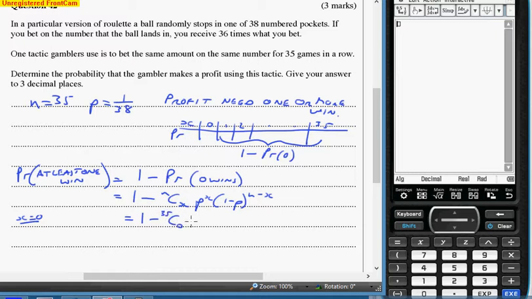P is 1 over 38, to the 0. And 1 minus P is 1 minus 1 over 38, or 37 over 38. N minus x is 35 minus 0, which is just 35. And that comes to 1 minus, that's just 1, that's just 1, and that is 37 over 38 to the power 35. So it's 1 minus 37 over 38 to the power 35.